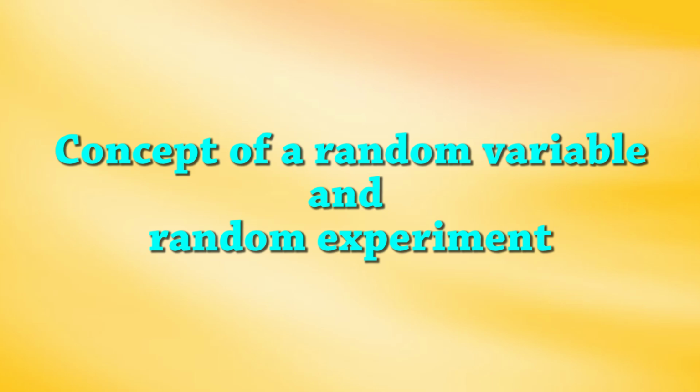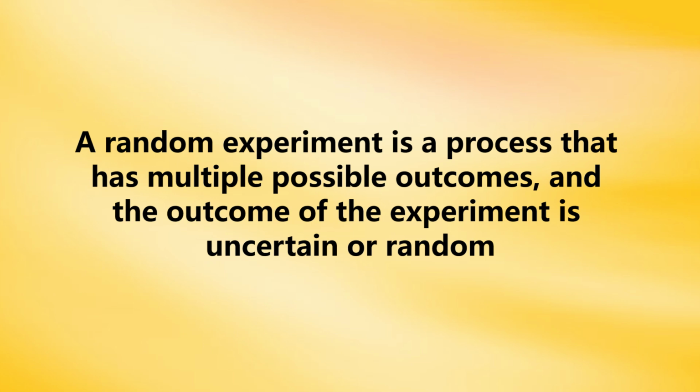Concept of a random variable and random experiment. A random experiment is a process that has multiple possible outcomes and the outcome of the experiment is uncertain or random. Examples of random experiments include flipping a coin, rolling a dice, and picking a card from a deck.